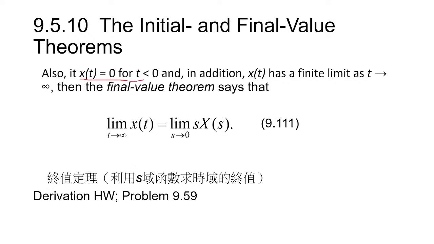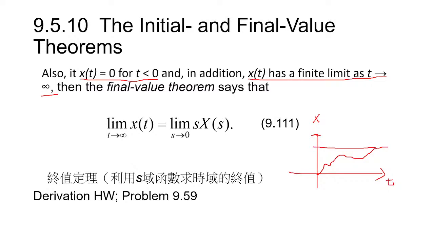We still want x of t equals 0 when t is less than 0, but now x of t has a finite limit as t goes to infinity. So you want this limit to exist. Now the function looks more like this: it still starts at 0, and we don't really care about the jump here, whatever. But as t goes to infinity, x approaches some value.